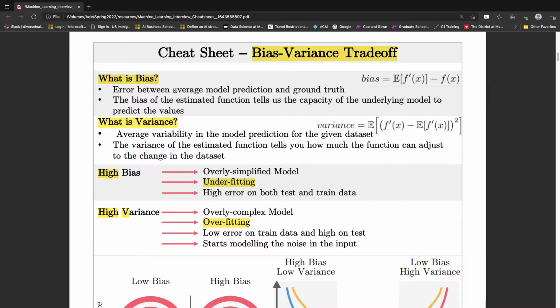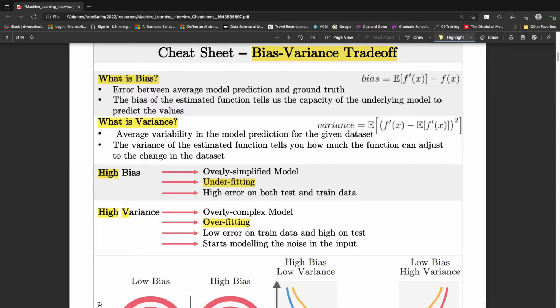Essentially, when your training error is high as well as your validation error, that is underfitting, high bias. It means your model is too simple and is not able to model your data at all. So you have high error on your test, and you also have high error on your train. That is high bias.